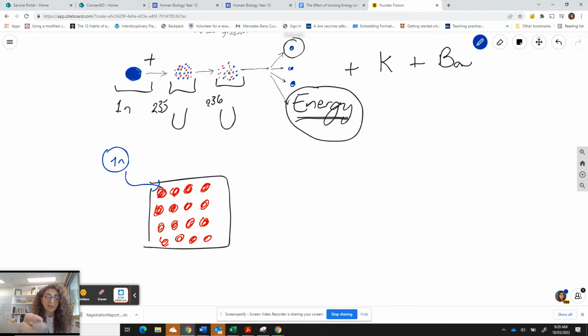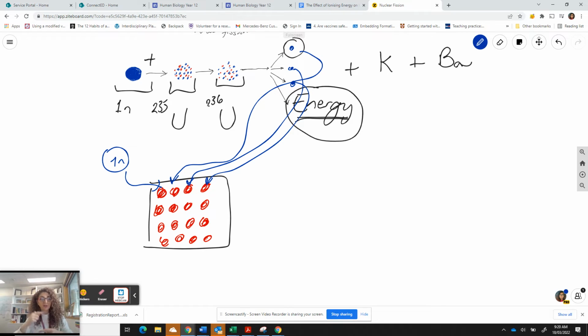And the way that we're going to continue the attack of the uranium atoms is through these neutrons. So all of these neutrons that are going to be produced are going to be used to target the other uranium atoms. And of course, as you'd imagine as well, as each uranium atom is then losing the ability to hold or to maintain its nucleus, what's then happening is that you end up with more neutrons being produced.